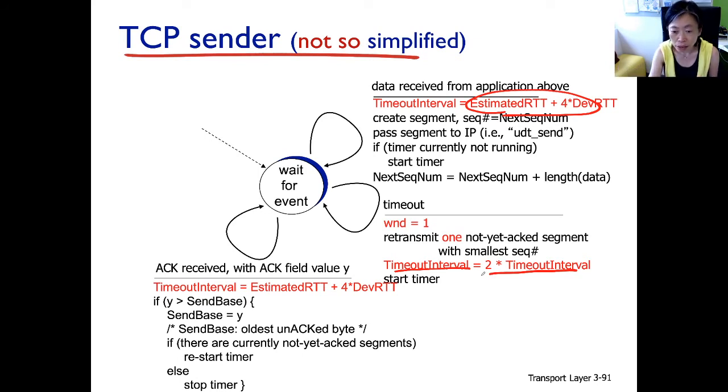And we are setting the timeout interval to twice that amount. That's way more than enough. Why? The fact is this: the window size dropping all the way to 1 and the timeout interval being twice, super conservative, are both to address the congestion that's occurring inside the network now.